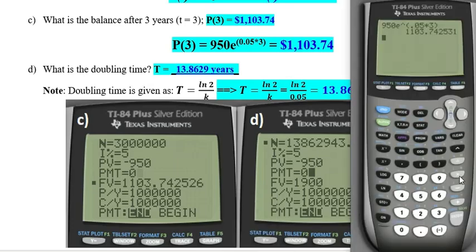And here it is. So you go to App, Finance, TVM solver. So initially N is 3 years times 1 million, because this is growing continuously. Then I is 5, it is 5% the rate, and the initial it is $950.